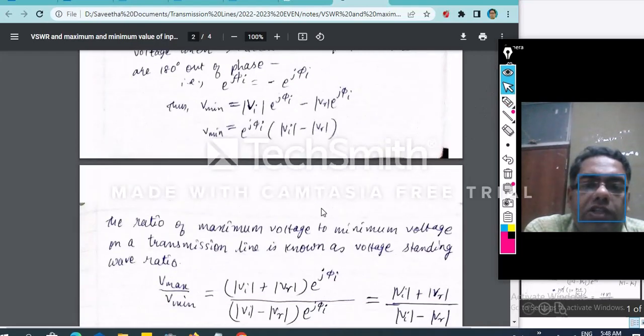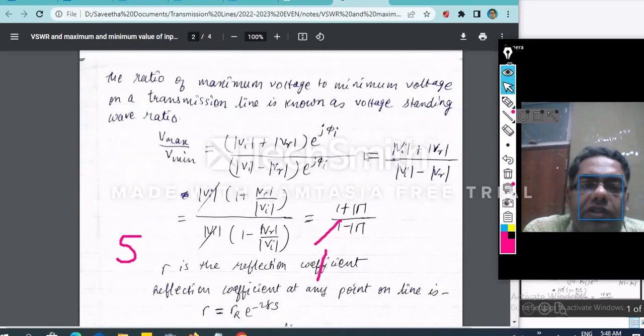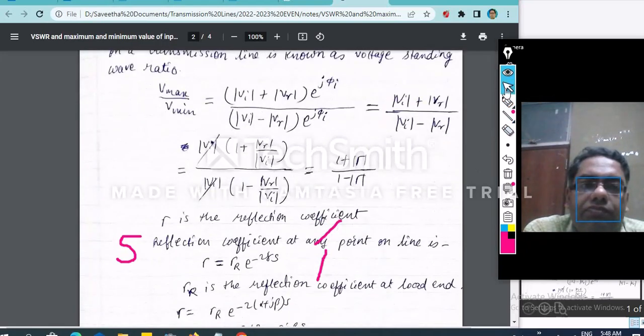Then this ratio of maximum voltage to minimum voltage is known as my VSWR, S. So we take the ratio, this e to the power j phi I term will cancel out, so we will get this term, and then we will rearrange to write like this.